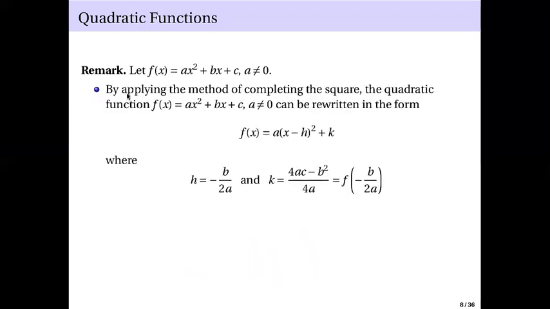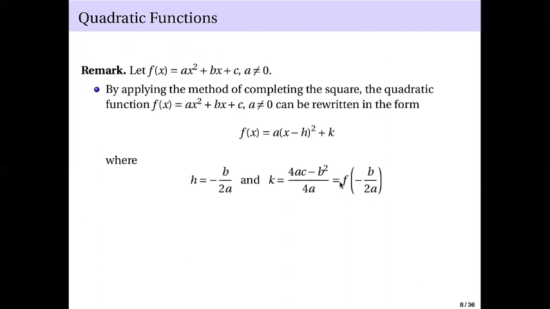Next, by applying the method of completing the square, the quadratic function f of x equals ax squared plus bx plus c, where a is not equal to 0, can be written in the form f of x equals a times (x minus h) squared plus k. Here, this h is negative b over 2a, and the k here is (4ac minus b squared) over 4a.